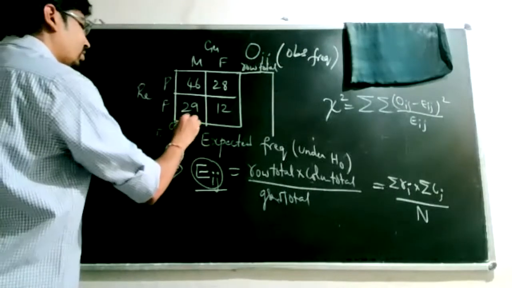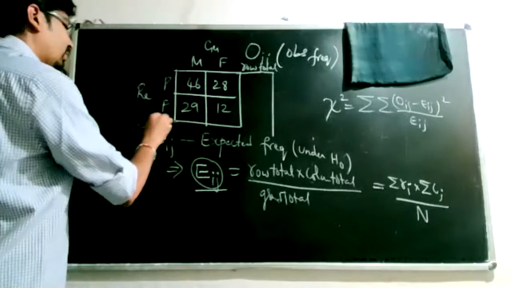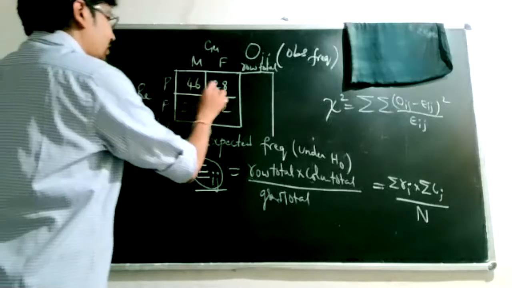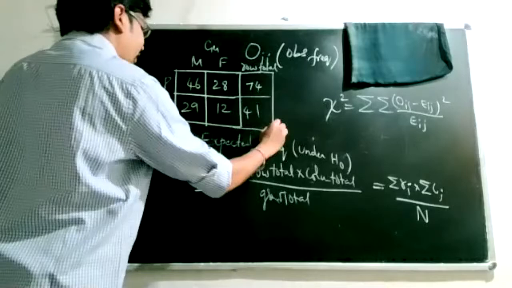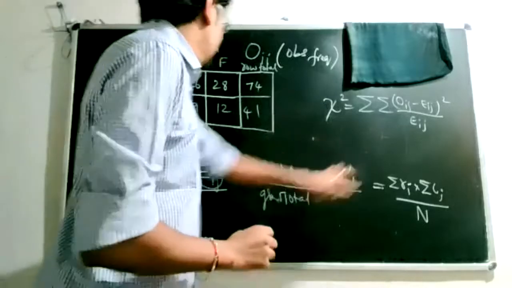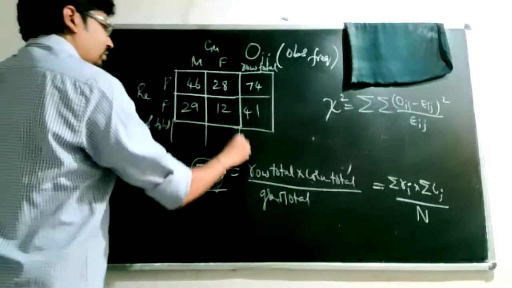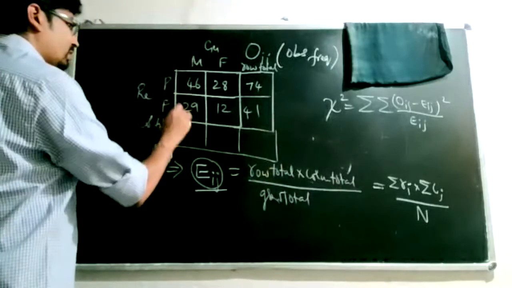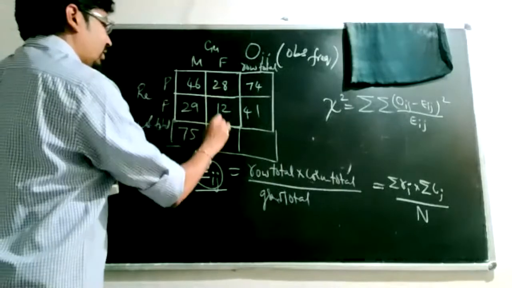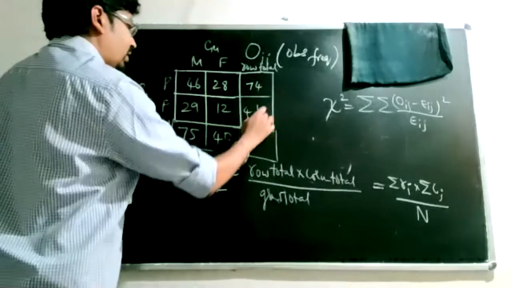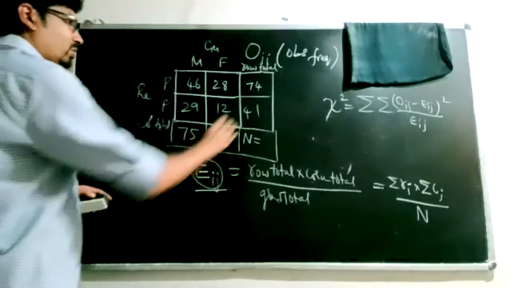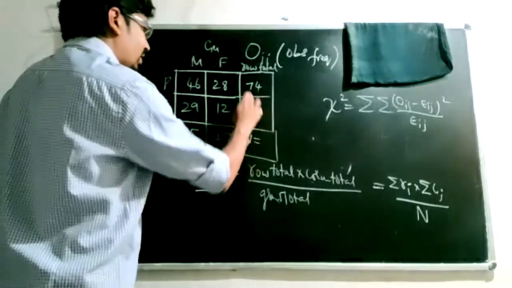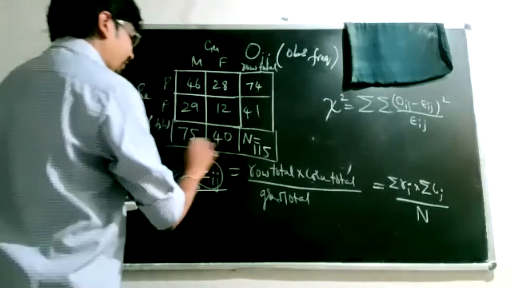So we'll obtain row totals and column totals. In this case it is 60, 74, 20, 30, 41, and then 60, 75, 40, and the total of row totals as well as column totals, that is your grand total, which is 150.